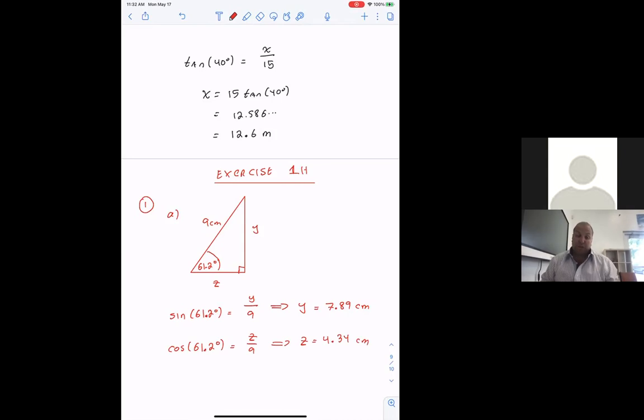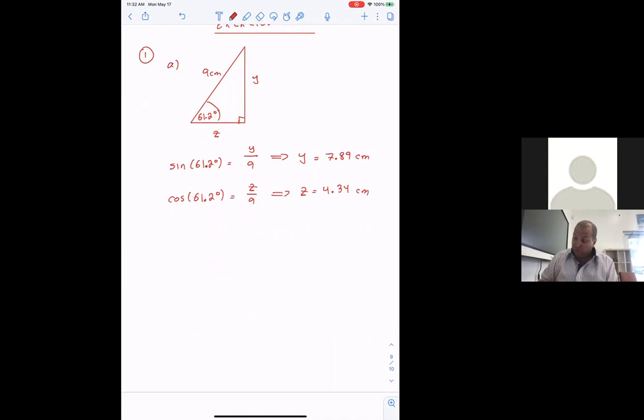If you did use the Pythagorean theorem, hopefully you got the same thing, and hopefully you remembered that even though we wrote down y equals 7.89, when I use it to do further calculations, I use all of the decimal points in y, so I don't do any rounding till the end.